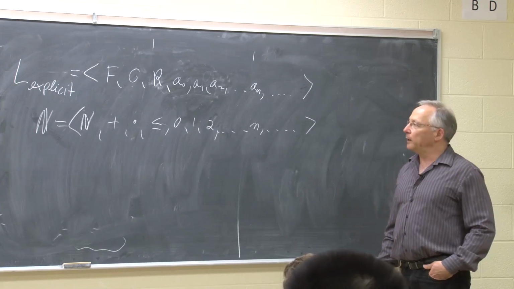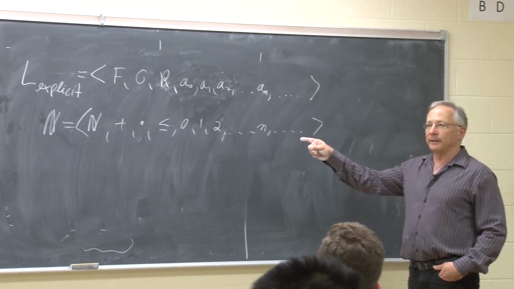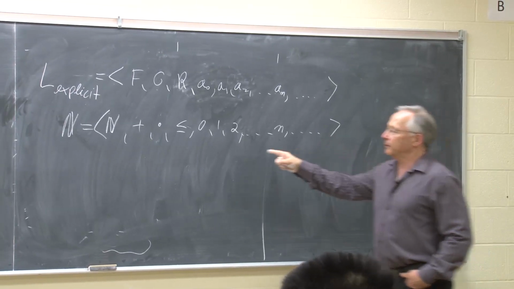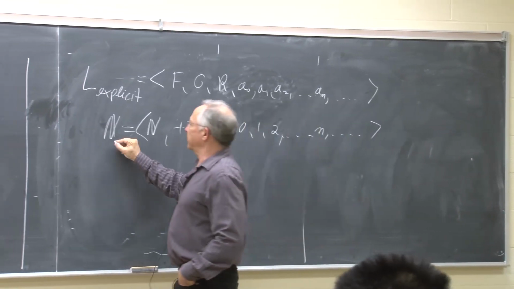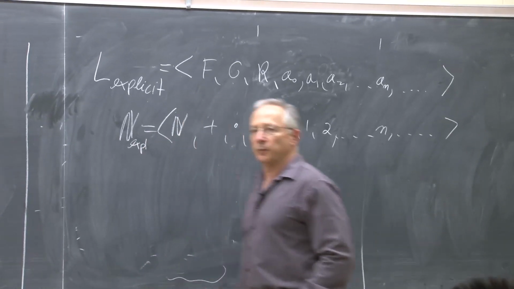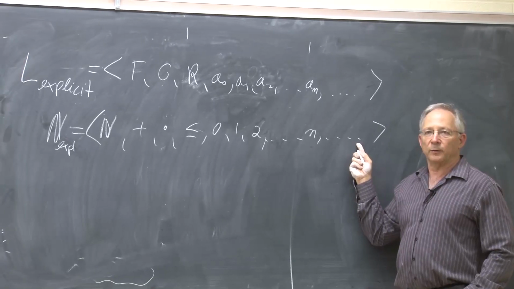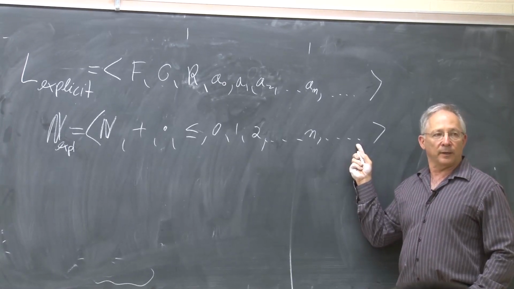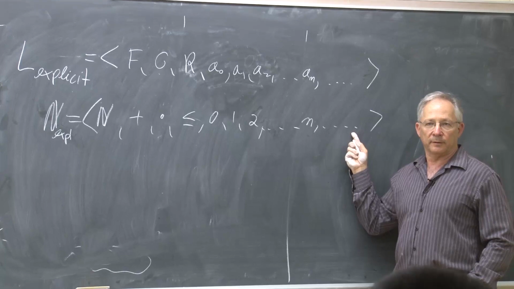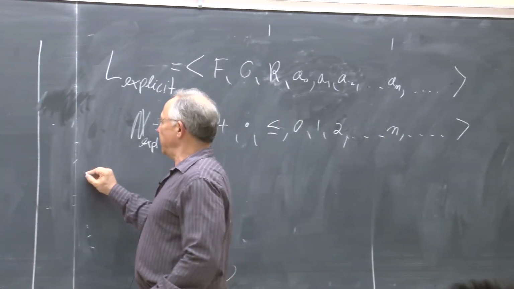Will we have a non-standard model for the theory of this? Let's call it N explicit. It's a different structure, in which the language is much richer, and we nailed down a name for every natural number. Now I'm asking, do we have a non-standard model?